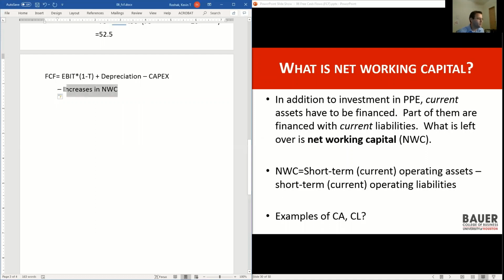So the issue here with net working capital is that net working capital is net. So it is short-term assets minus short-term liabilities. Why is that? Well, again, we're thinking about investments in short-term current assets. Part of those investments, though, are financed by your liabilities.